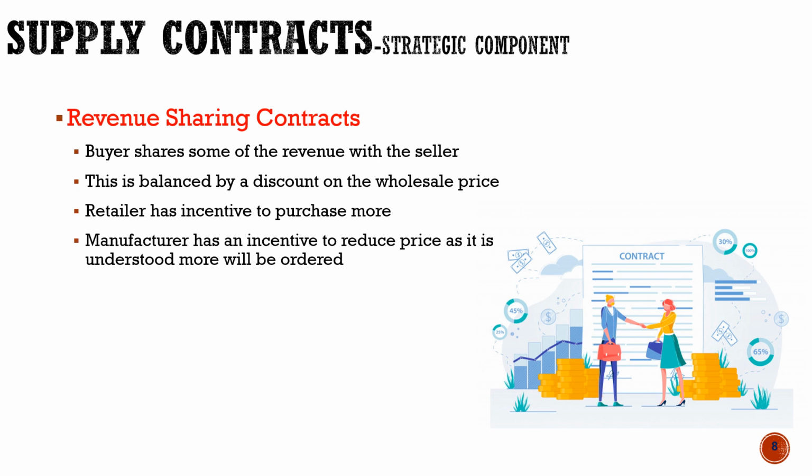And the manufacturer also has an incentive to reduce the price as it is understood more will be ordered. Therefore, buyer and supplier are sharing the revenue together.